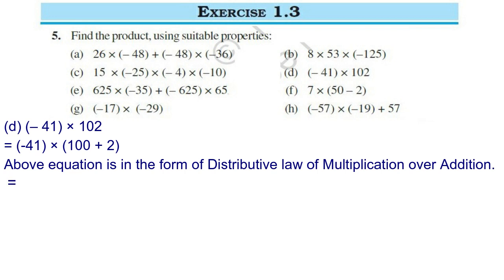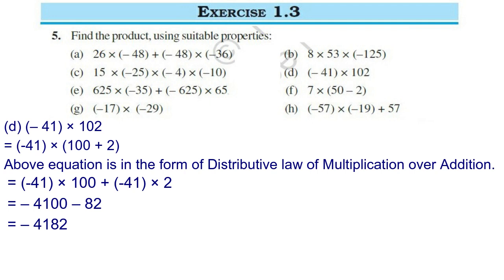Now we can multiply minus 41 into 100 plus minus 41 into 2. So we get minus 4100 minus 82, and the final answer is minus 4182. Next problems are the same, so try those problems at home.